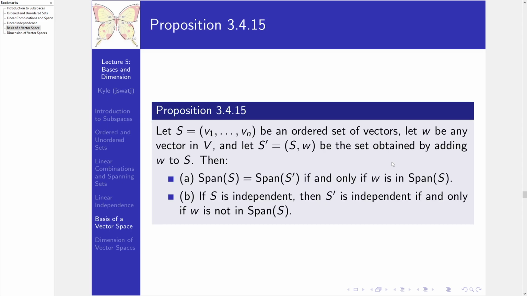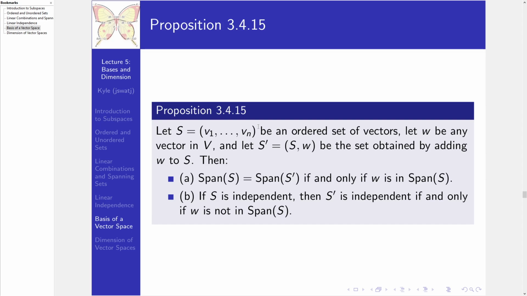So if we let S be an ordered set of vectors, and W be any vector in V, we can append a new vector to S written in this way, which I actually really like. I like that he wrote it out like this instead of like the union of an unordered set, which is usually how other books would write it.